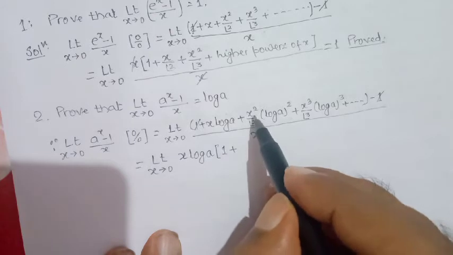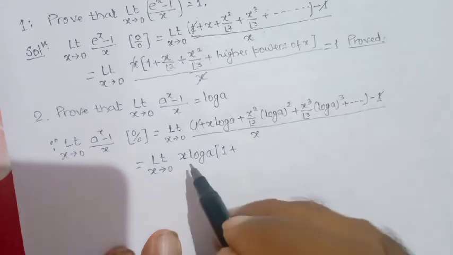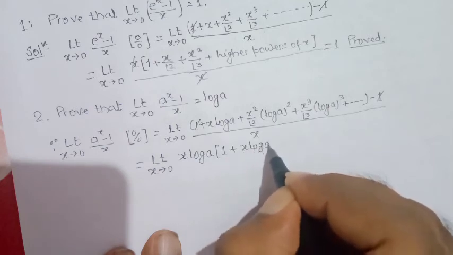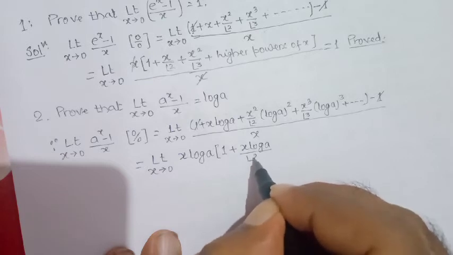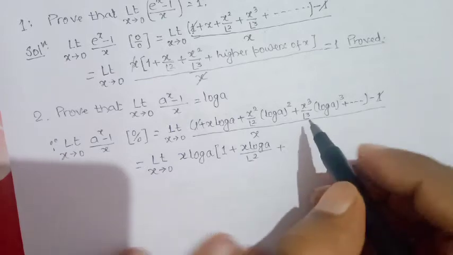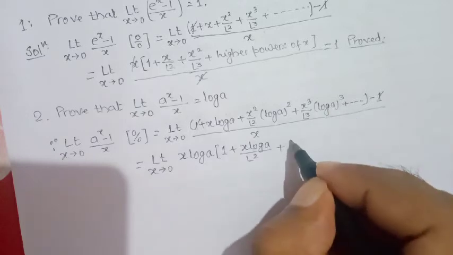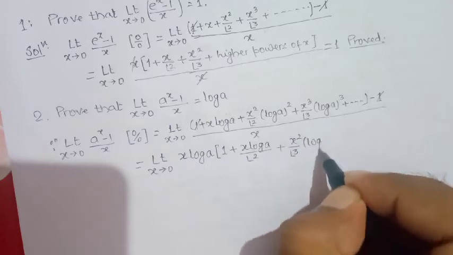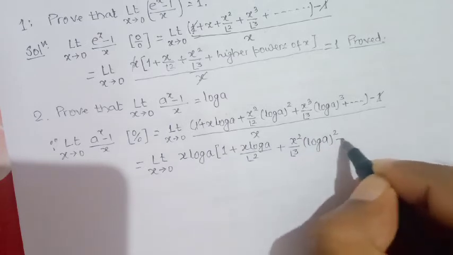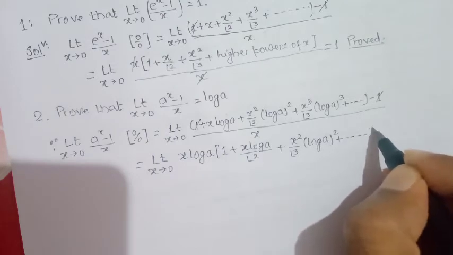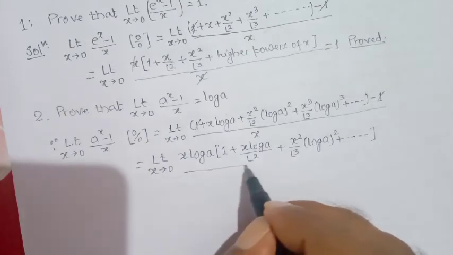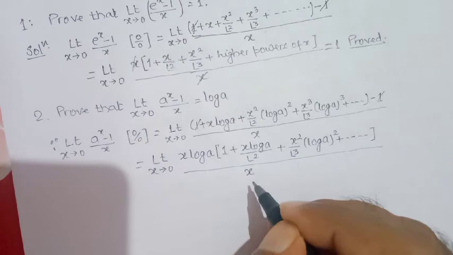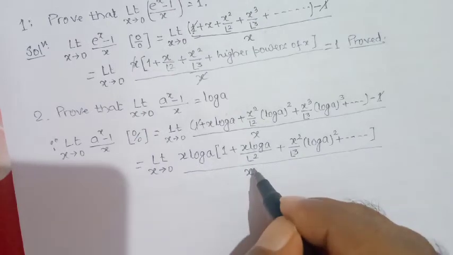This should be x log a by factorial 2, because 1 x log a comes outside. Similarly, this should be x square by factorial 3 into log a square, plus higher powers of x, and this whole term is divided by x. Now see, x and x should cancel, so cancel this one.